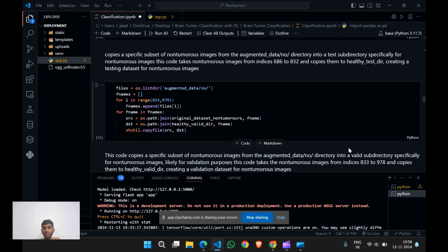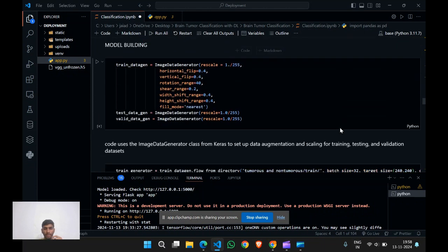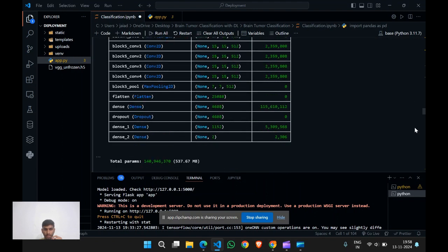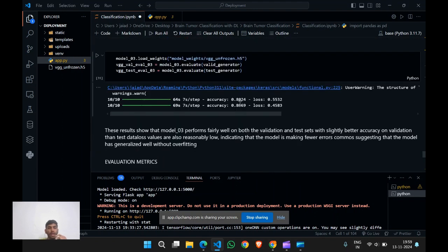So freezing blocks 3 and 4 does not affect the model much, and it also gives easy generalization. Freezing 3 and 4 also increases the accuracy. After unfreezing, the accuracy is around 80 percent.